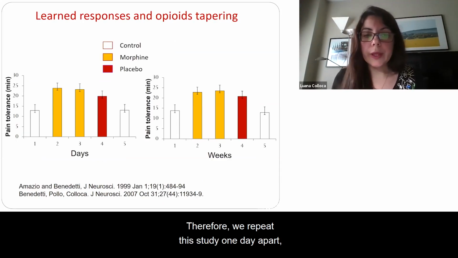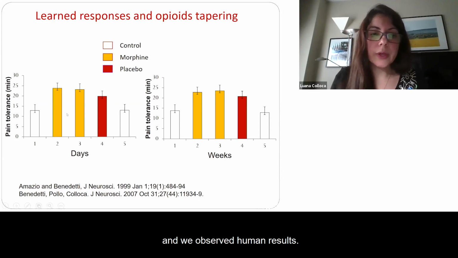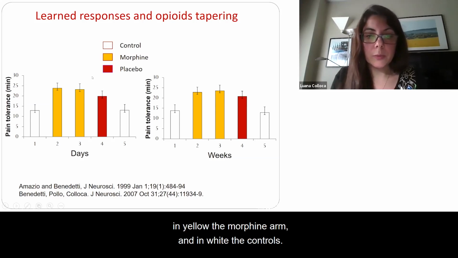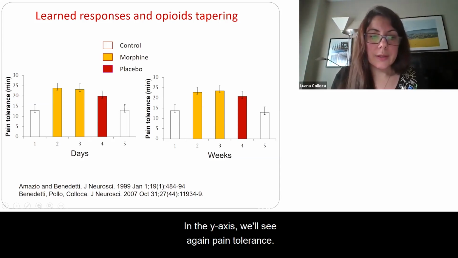Therefore, we repeated this study 1 day apart and we observed similar results. You can see in red the placebo arm, in yellow the morphine arm, and in white the controls. On the y-axis, we see again pain tolerance.